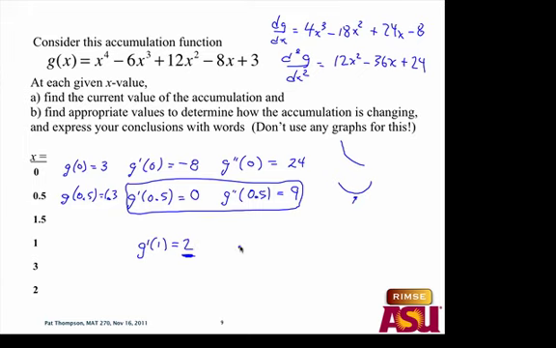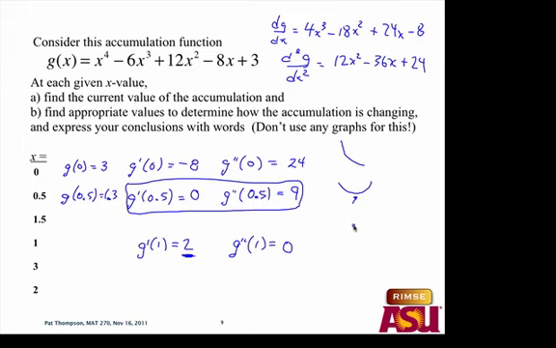What about the second derivative? Connor, what does it mean? Okay, he said there's no change in the rate of change, but also our rate of change is positive, so we're increasing and there's no change in the rate.